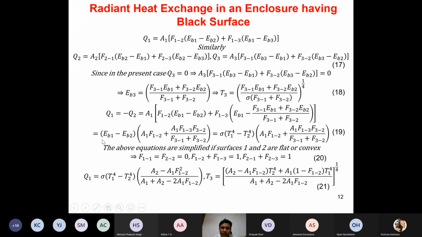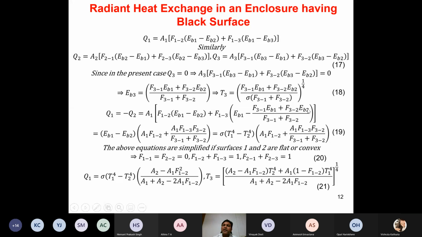take common here. So if you take that common, what we will get is EB1 minus EB2. If you take EB1 minus EB2 common, in that case what we get is A1 F12 plus A1 F13 F32 divided by F31 plus F32.